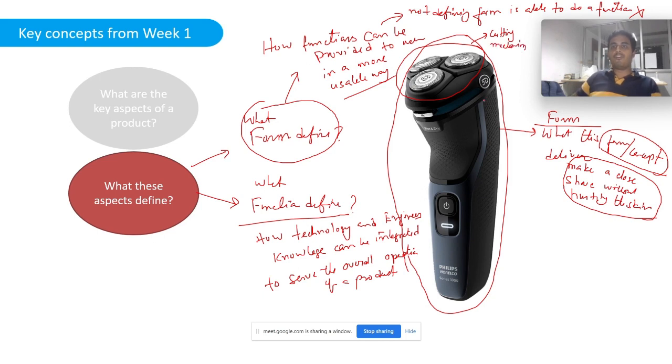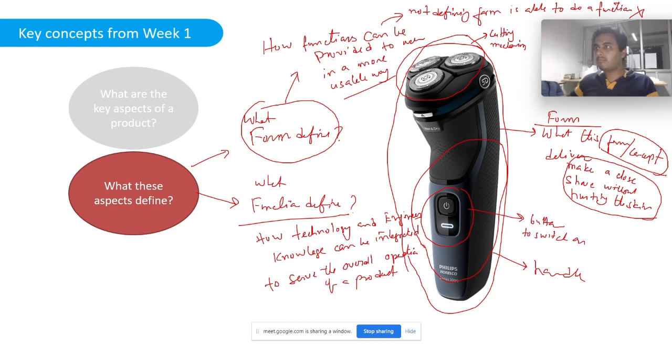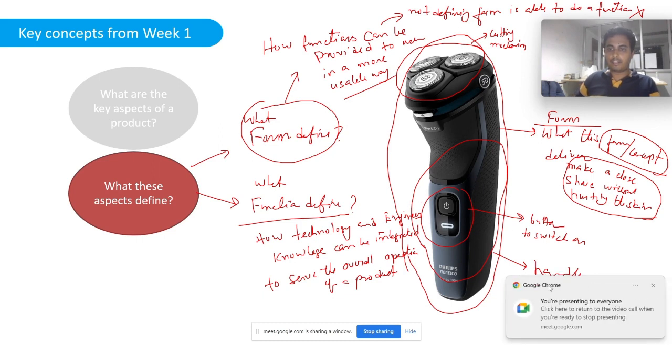Overall, if you see here, there's a button, to switch on or switch off. So these are the button switches, and then we have this particular handle. This is the handle.